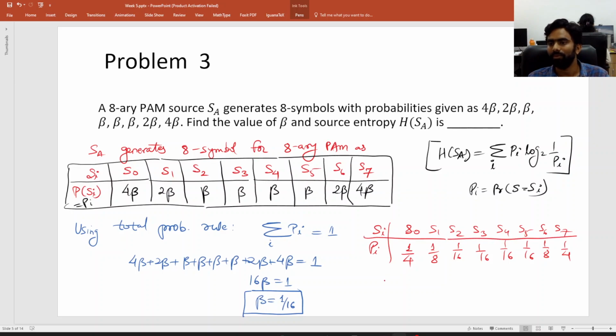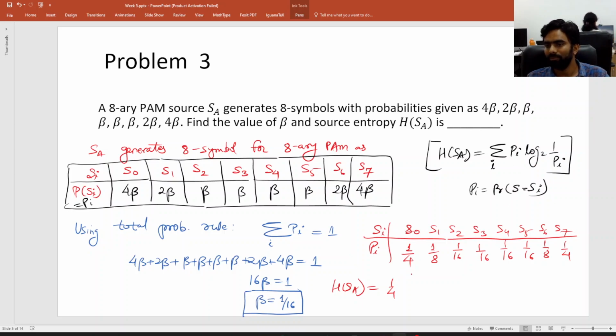So now you have got the probabilities. Directly calculate H of S. That would be 1 by 4, starting with pi, that is the probability of S naught.